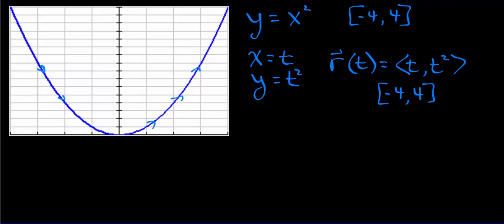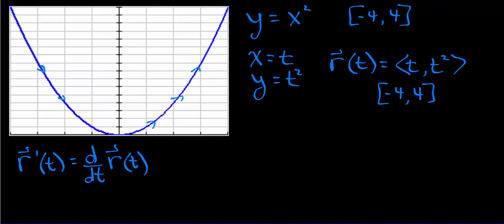Now, I want to talk about the derivative of this vector valued function, in other words r prime of t. Nothing new about the notation here.